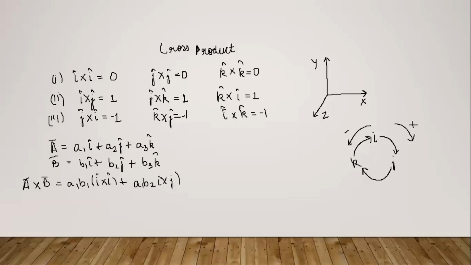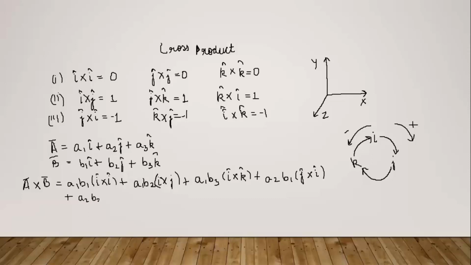You have to remember here that the order in which we are writing the vectors is very important, because if we are writing A cross B, we need to take A first and then B. So we will write the unit vector corresponding to A first, and then the unit vector corresponding to B. The order here is very important. Then we take A1, B3, it is i cross k. Then we take A2 and write all the terms: A2, B1, so we have j cross i.